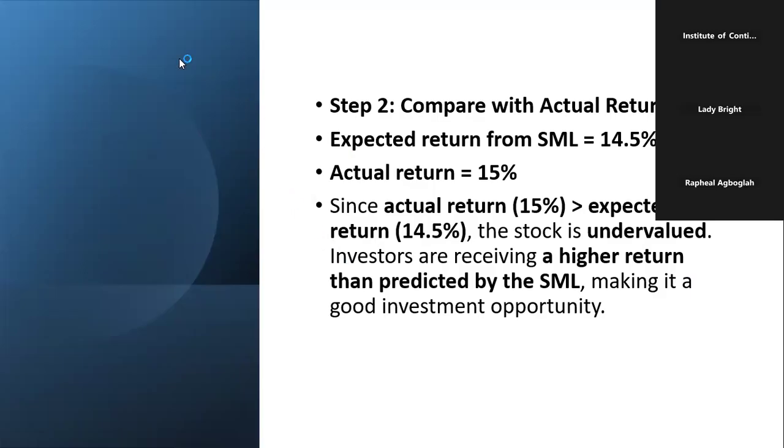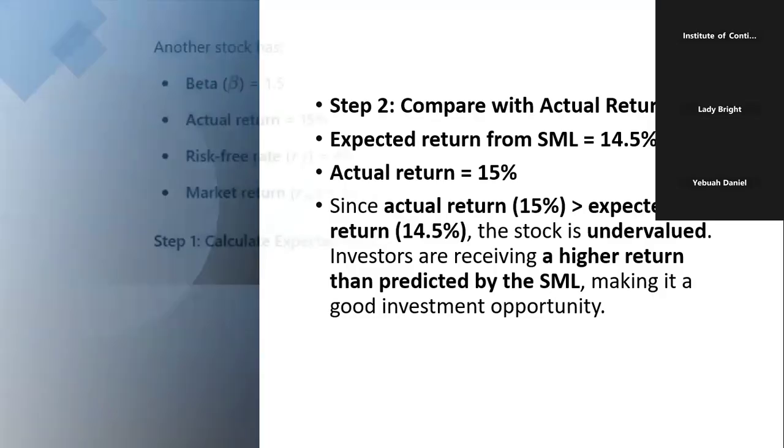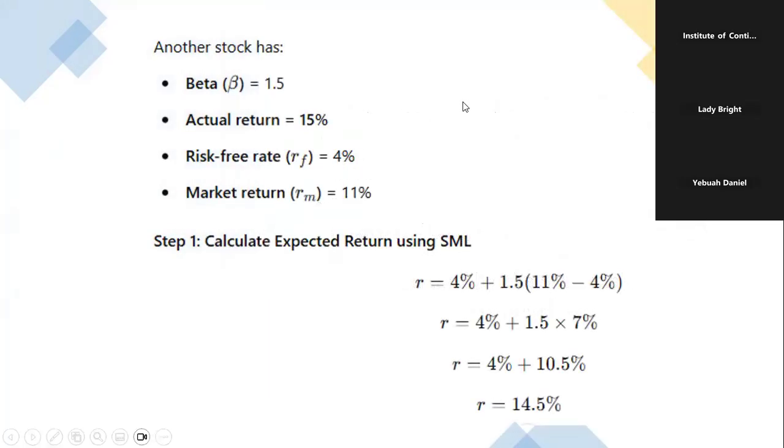Any question? The rest of us who didn't send our answers as usual, any question? Mom, can you come again with the answer? Okay. This is the calculation. The risk-free rate is 4. Beta is 1.5. Market expected return is 11.